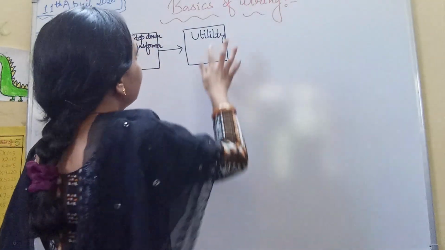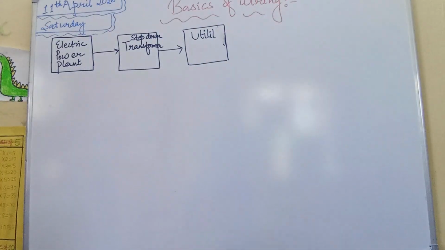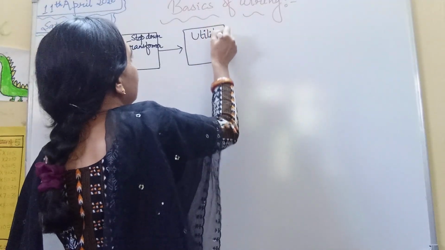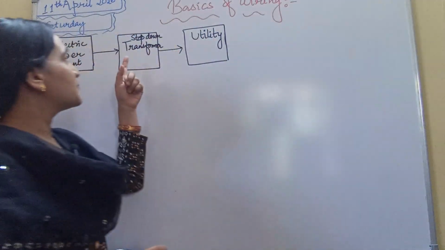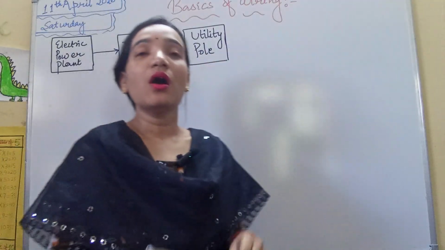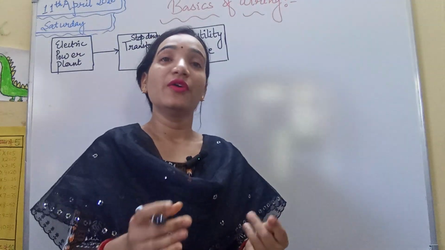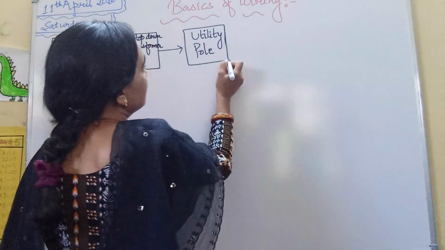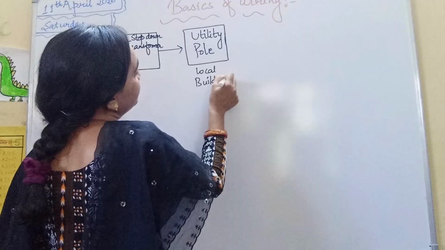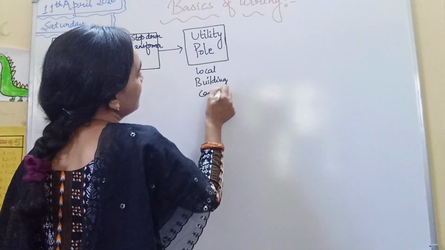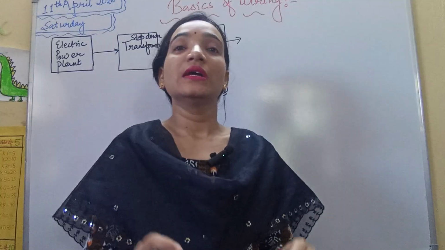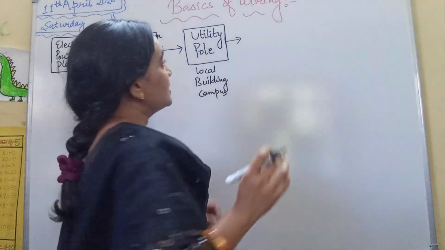The transformer is the distribution point, and the utility pole is in the local area, near our building or campus, from where we are getting the electric connection.